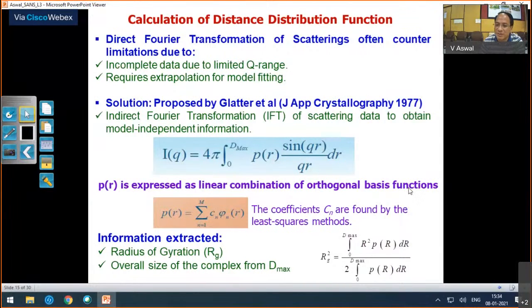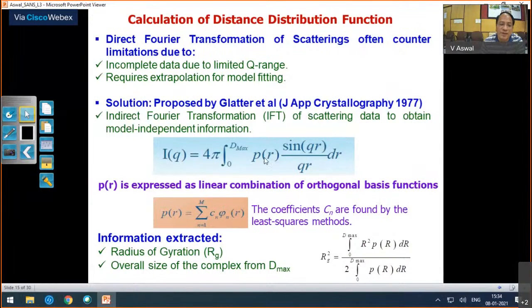These basis functions would be like spline functions, and you can take these orders from, let's say, 1 to say 15, 20 kind of basis functions, and then these coefficients are determined by the least square method.